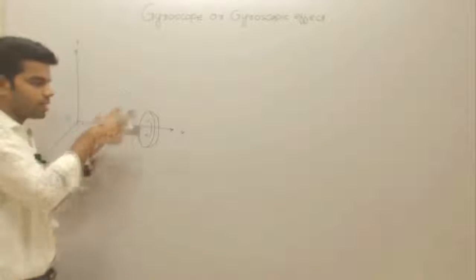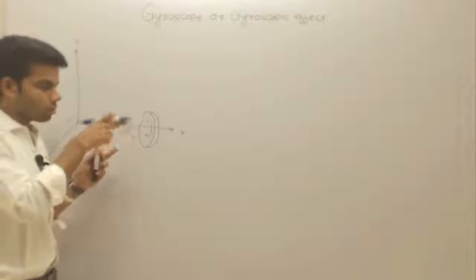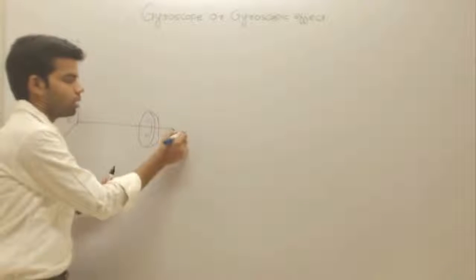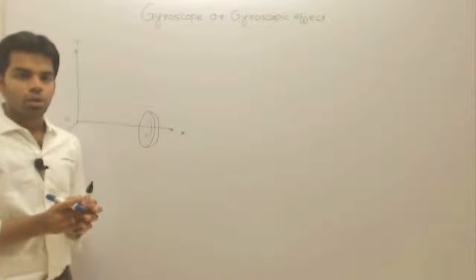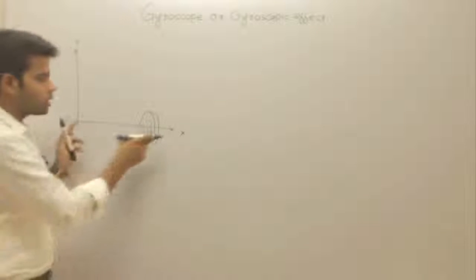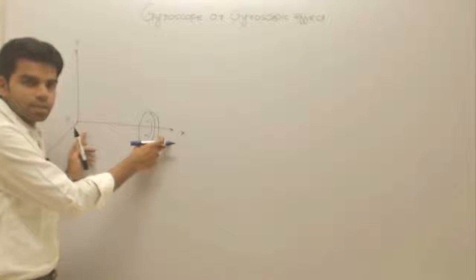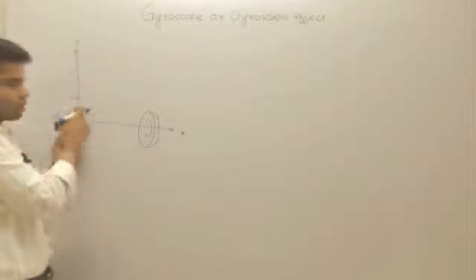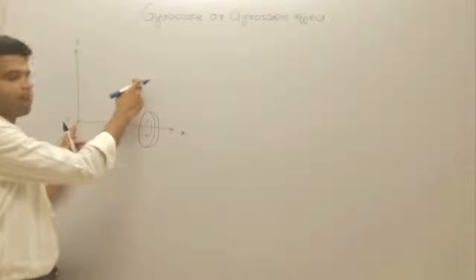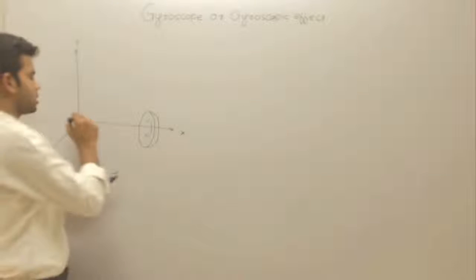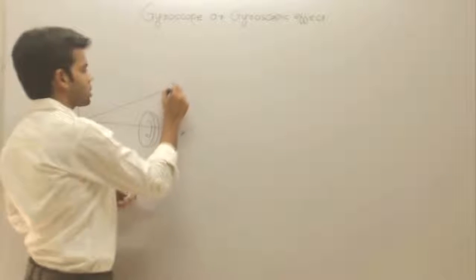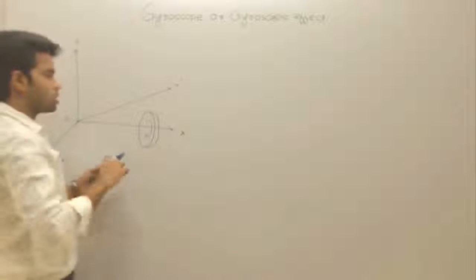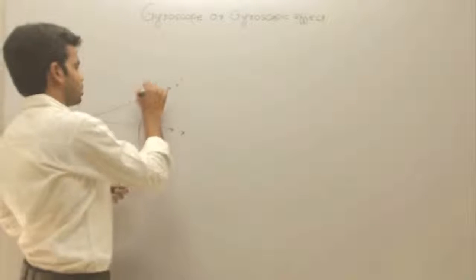When we are seeing from the origin, this is rotating in clockwise direction along x-axis. Okay, now what we are doing, we are turning this OX axis around y-axis. So when we are turning this, the final position of this OX axis becomes this OX dash, and this will be our rotor.